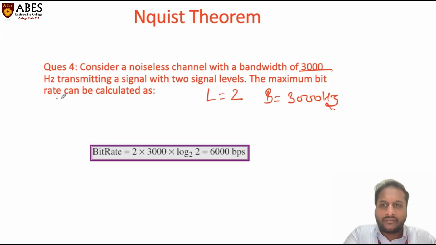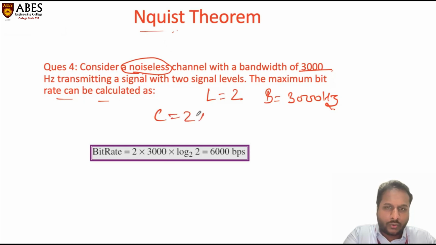The maximum bit rate will be, so first of all we need to see that this is a noiseless channel. It means we have to apply Nyquist theorem. So formula is C equals 2 into bandwidth into log base 2 of the number of signal levels.